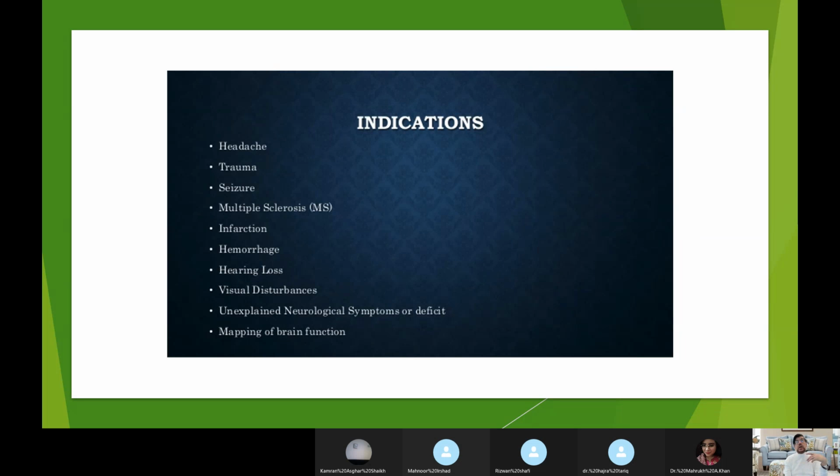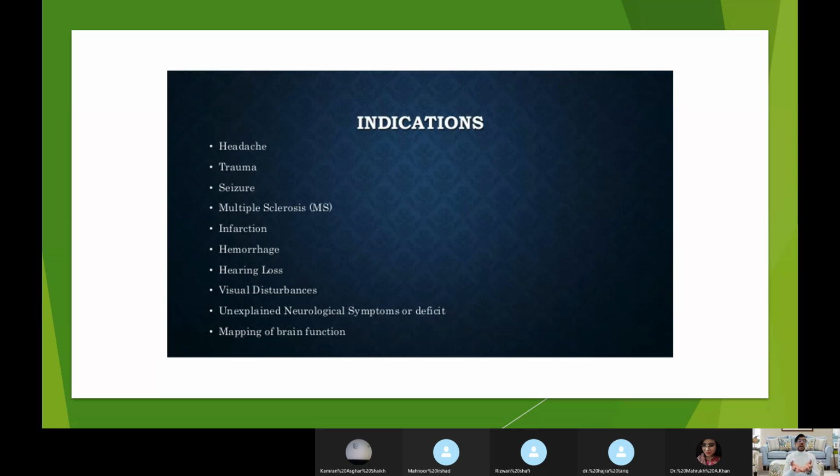That is important. Indications of the MRI are headache, trauma, seizure, MS, infarction, hemorrhage, hearing loss, visual disturbance, unexplained neurological symptoms or deficits, and mapping of brain functioning. Now, if you see the indications, all of our psychiatric differential diagnoses are covered with these indications.